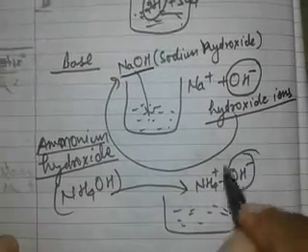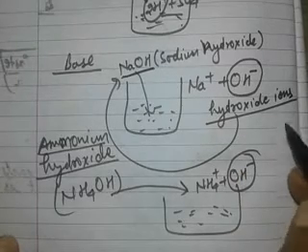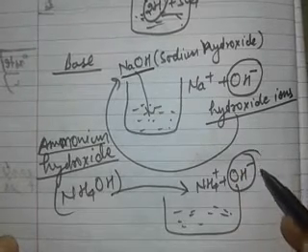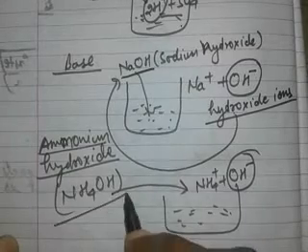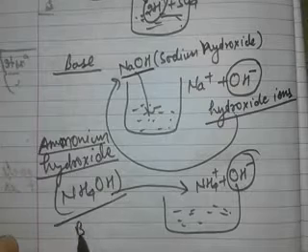This OH minus is the hydroxide ion, and it represents that ammonium hydroxide is a base.